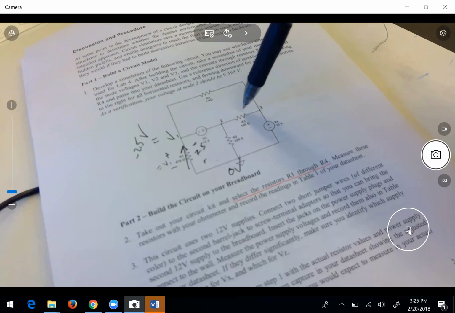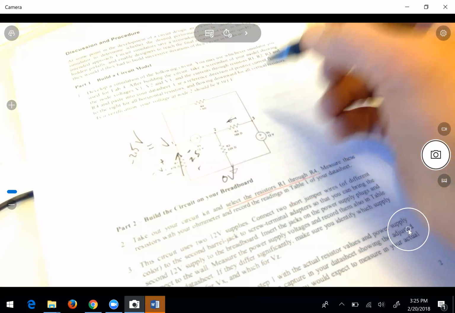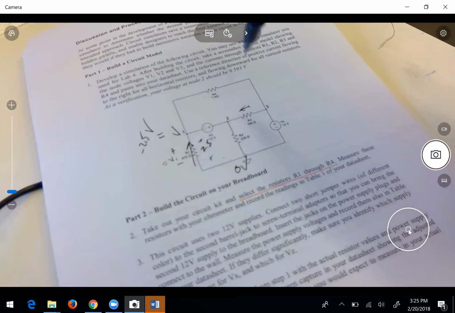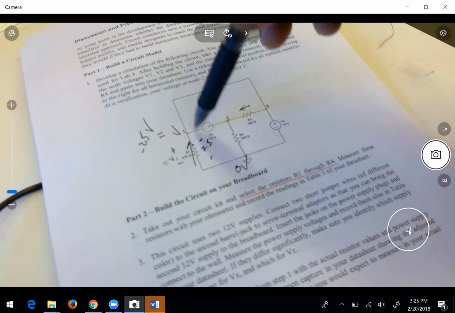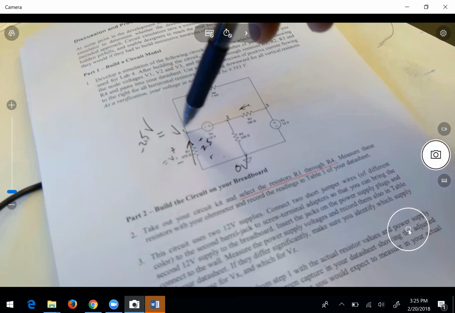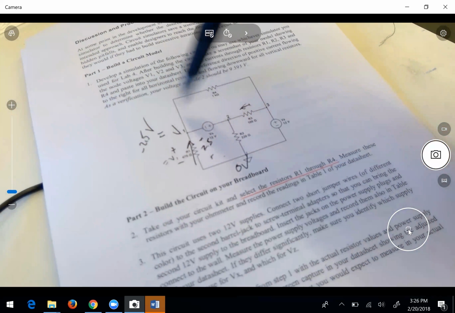So most likely there's going to be some drop, and current's going to be flowing that way through R3. So this is going to be some lower value, and then node 1 has to be 12 volts below node 2. That's a floating node, the super node you have to use to solve that.